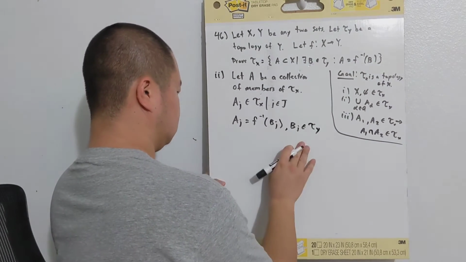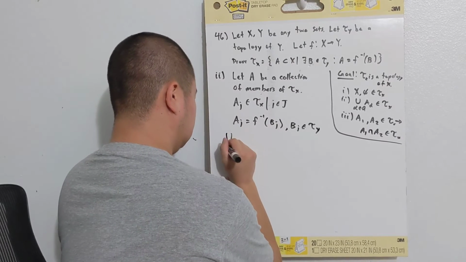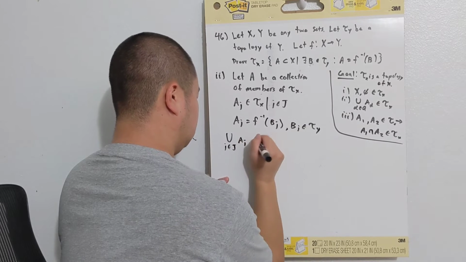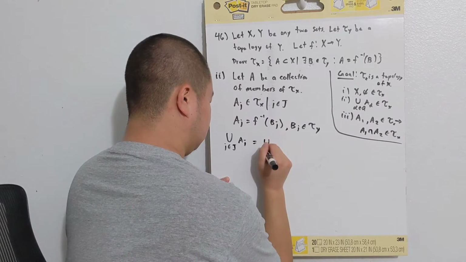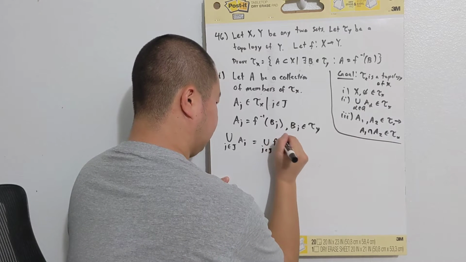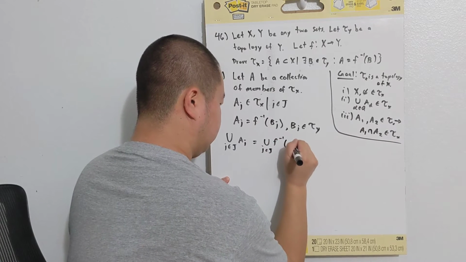So in this case, if we take the unions of A_j, that's the same thing as taking the unions of the inverse images of B_j.